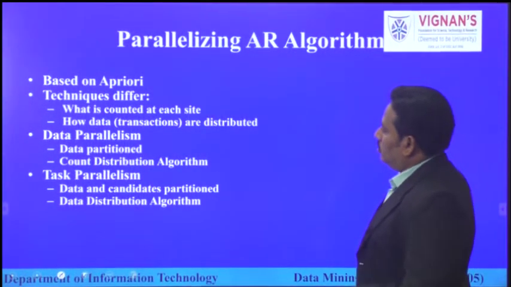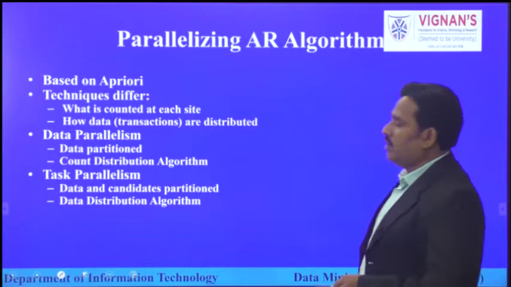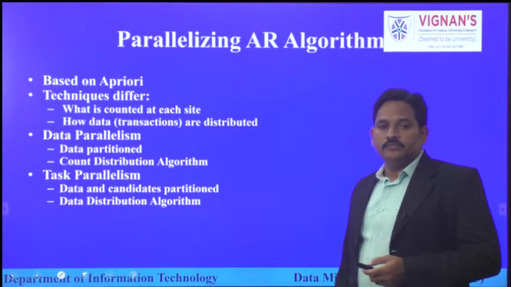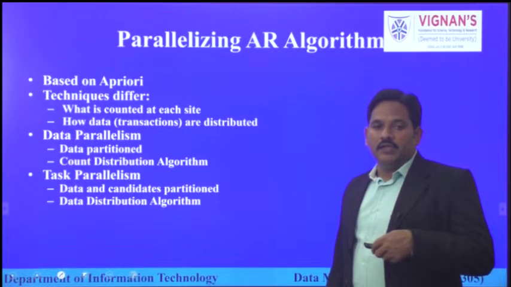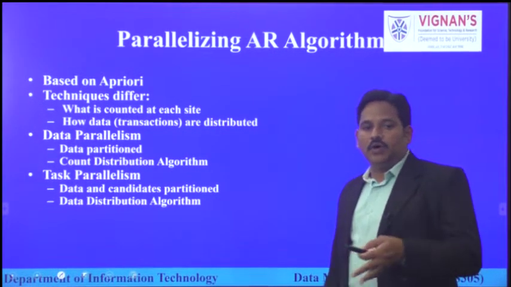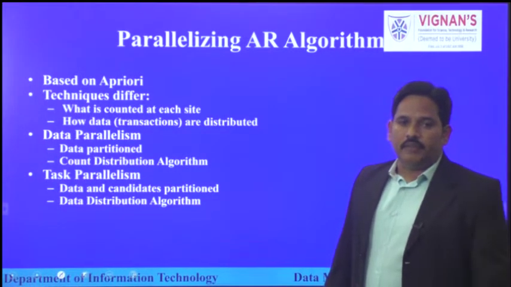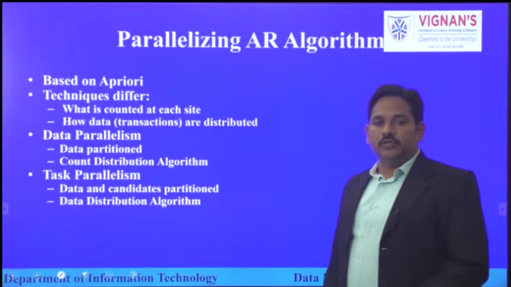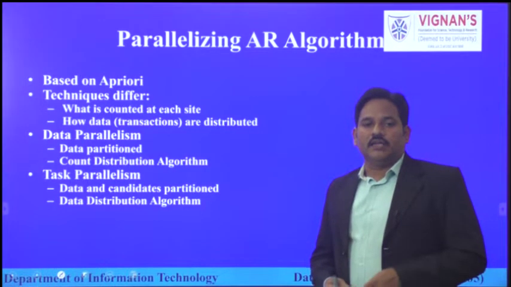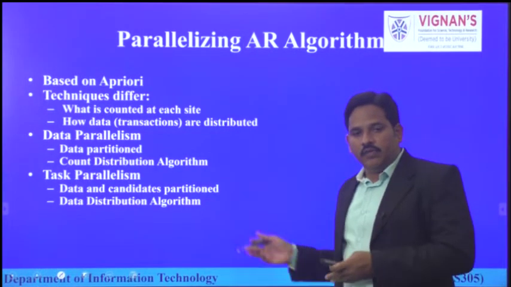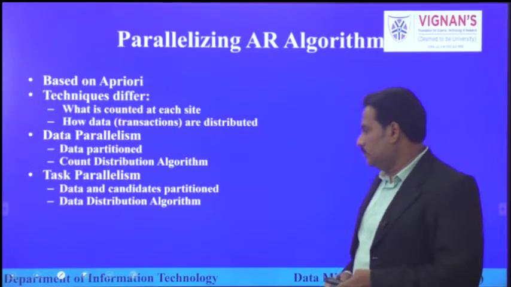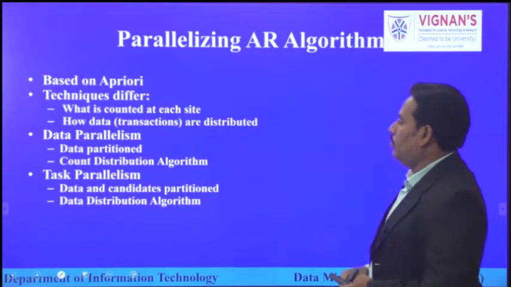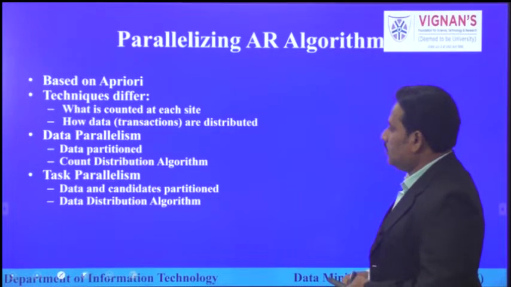Now, the enhancement of the Apriori algorithm is the parallelized Apriori algorithm. That means repetition. In partitioning, what have we done? We applied the parallelized Apriori algorithm on all the partitions of the database. Likewise, we can apply the parallelized Apriori algorithm at all possible levels.